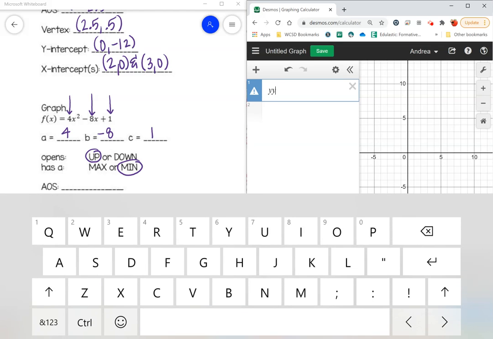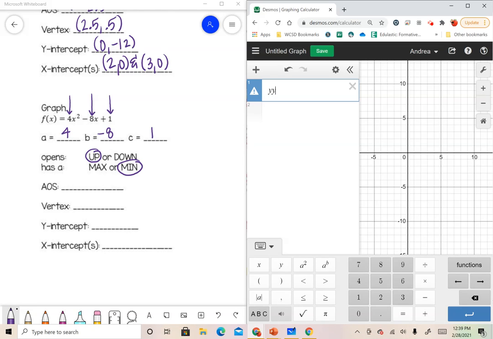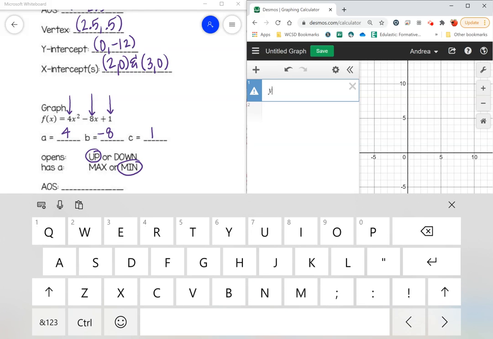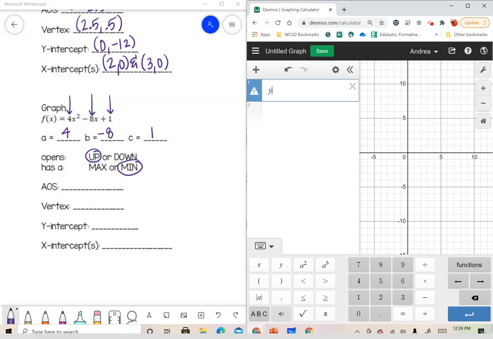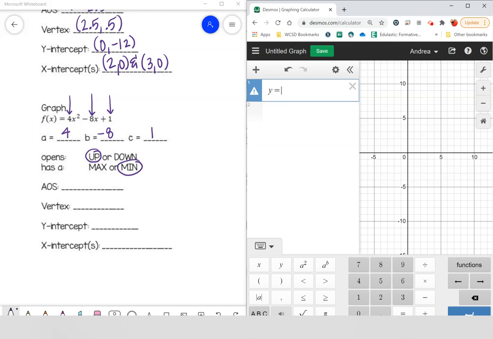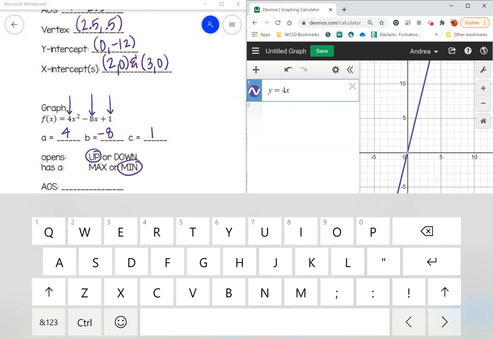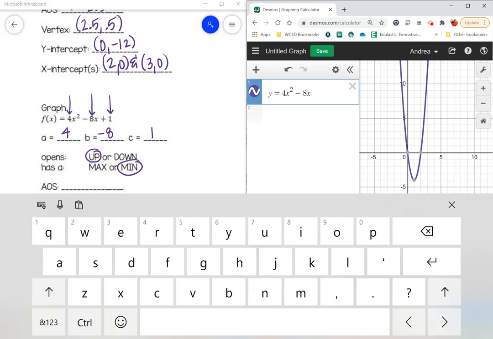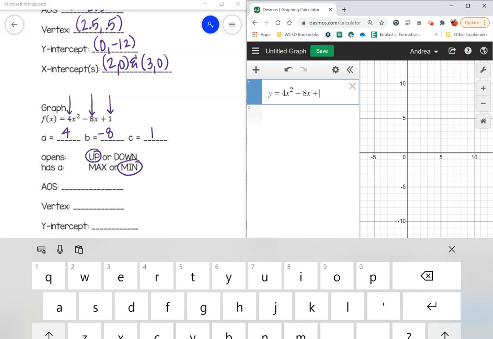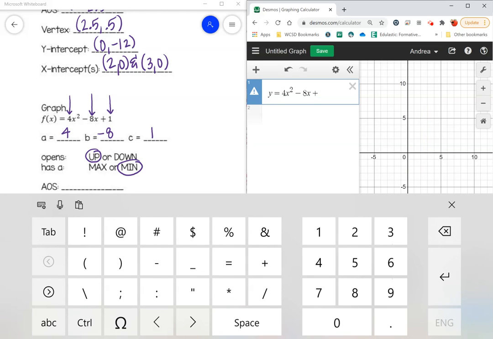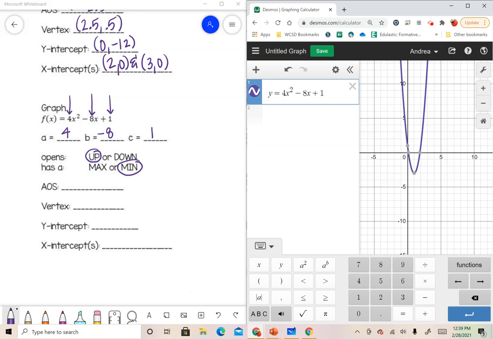So y equals 4x squared minus 8x plus 1. Okay, put that into Desmos.